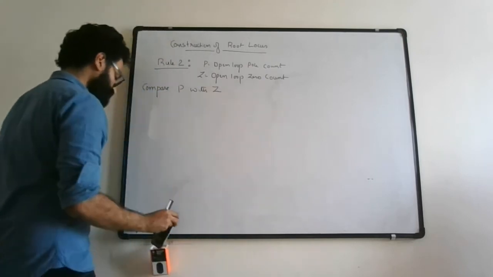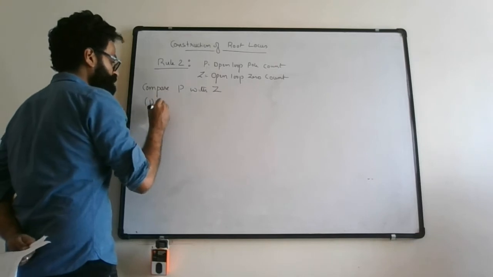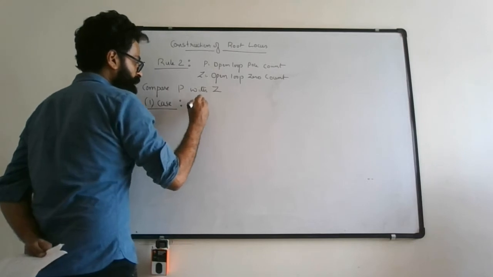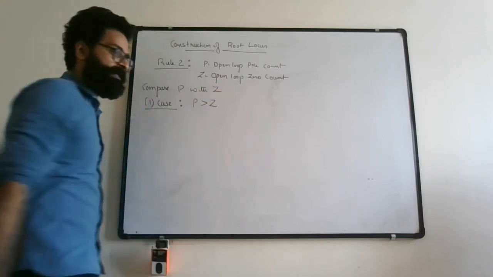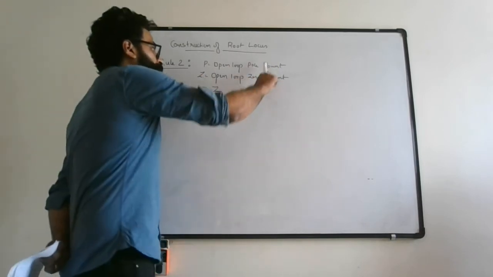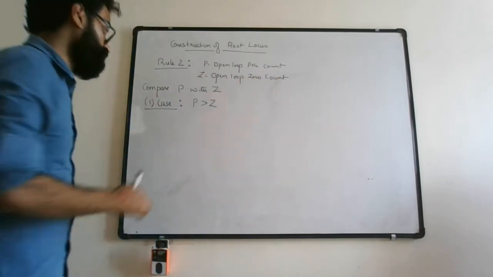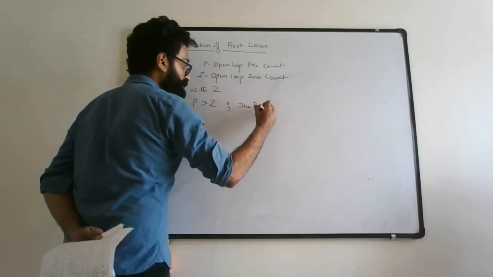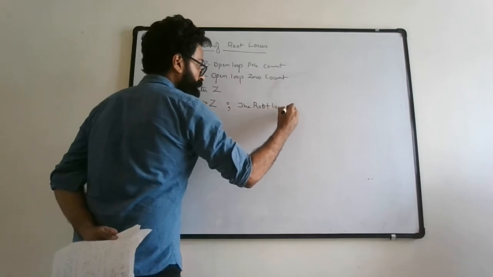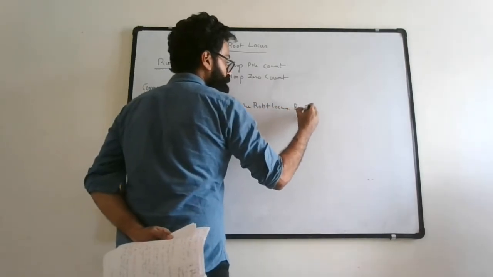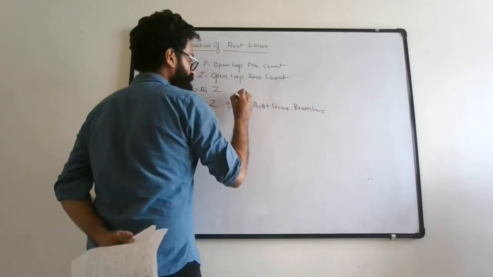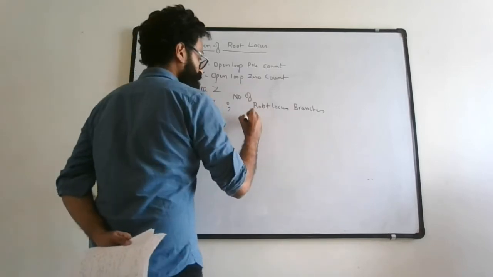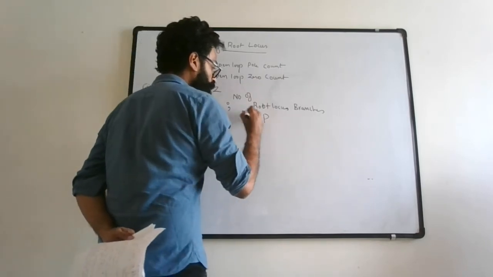Let's consider case 1. Imagine that you have P count greater than Z count. That means the number of open loop poles is greater than the number of open loop zeros. If that is the case, the number of root locus branches, N, is taken as the pole count.